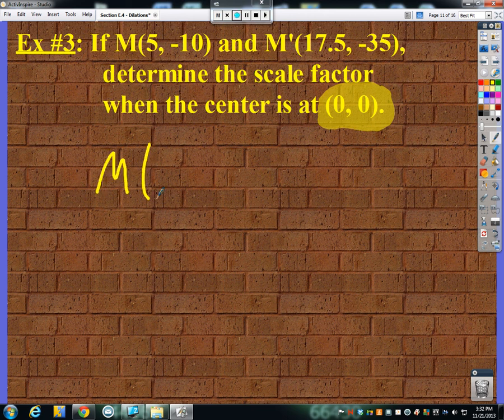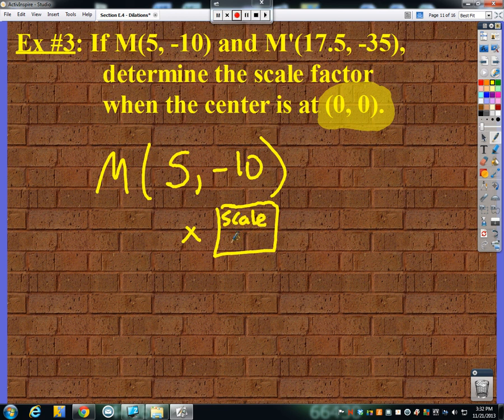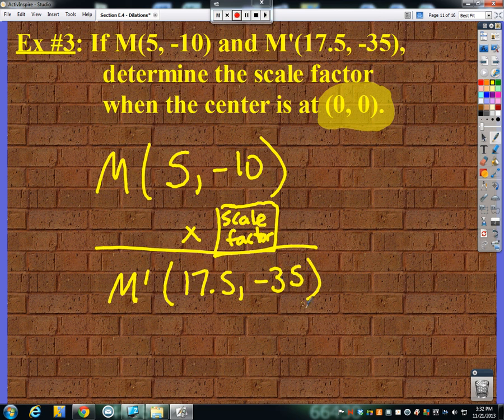So here's the situation we've got going on. We have m, which is (5, negative 10), and we're multiplying it by something, aka our scale factor, and the answer, m prime, needs to be (17.5, negative 35). So we aren't doing the multiplication, it's already been done for us.